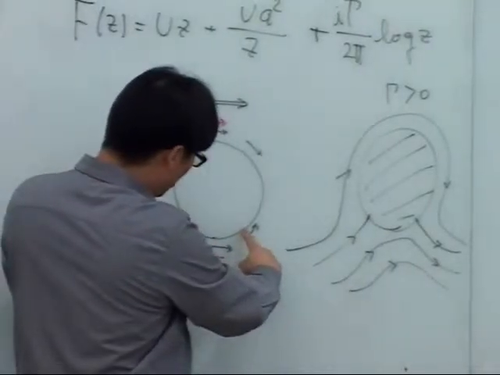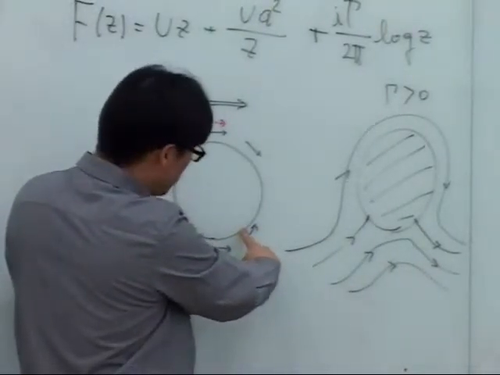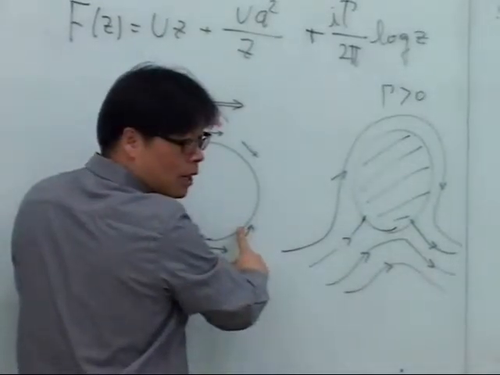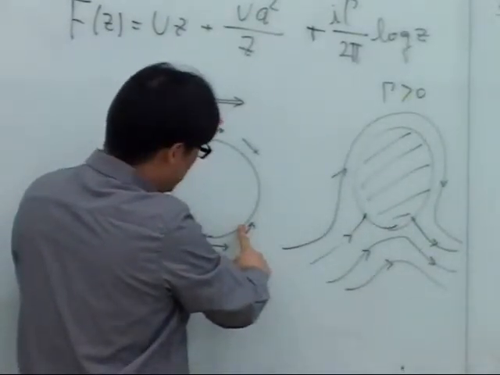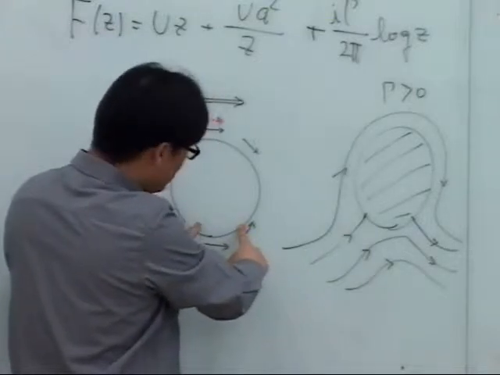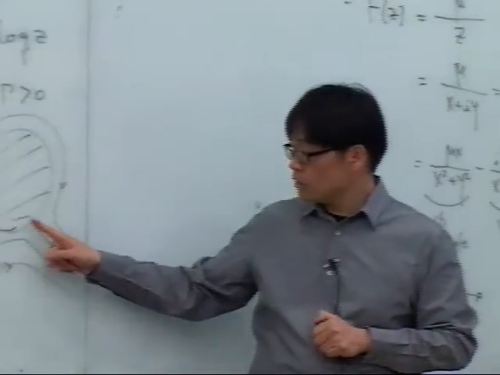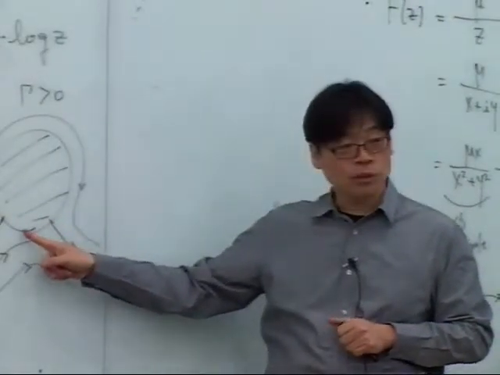Because of the vortex, the flow direction is this way and this way. So at some point, you have the stagnation point if I keep increasing the strength of gamma. If you further increase the circulation gamma, then what? This stagnation point can move to the bottom.